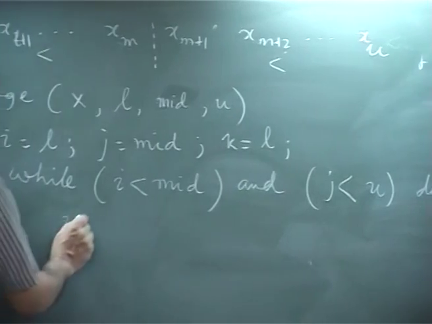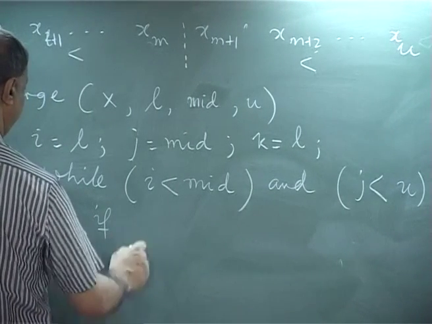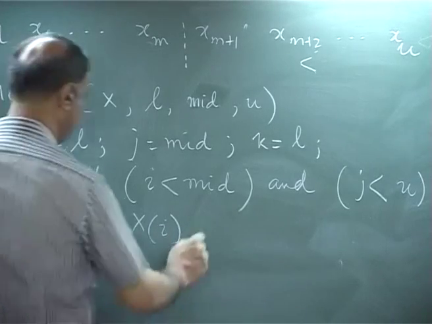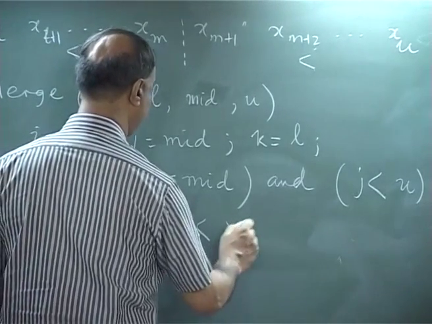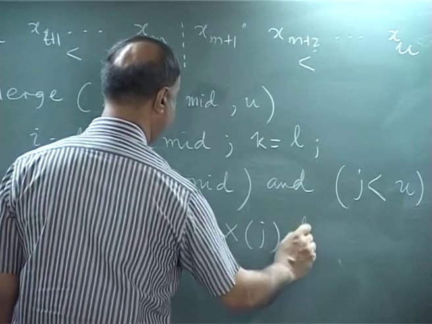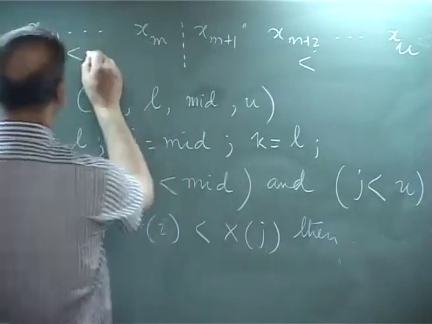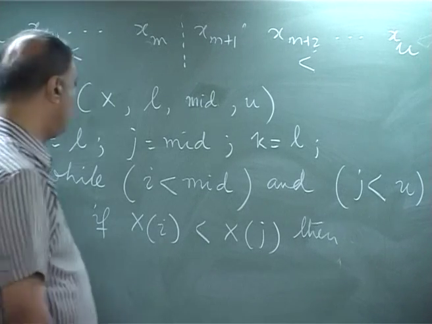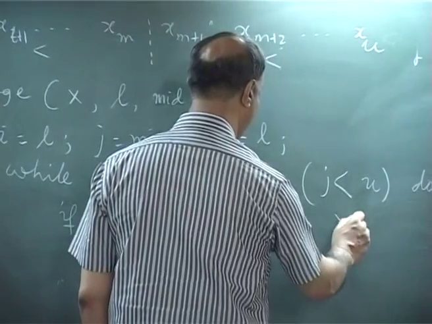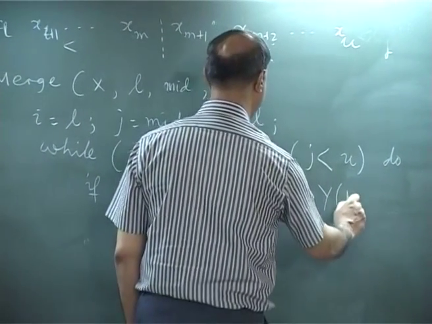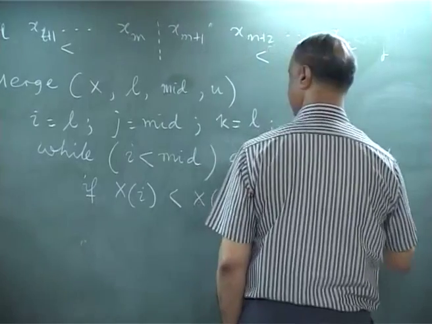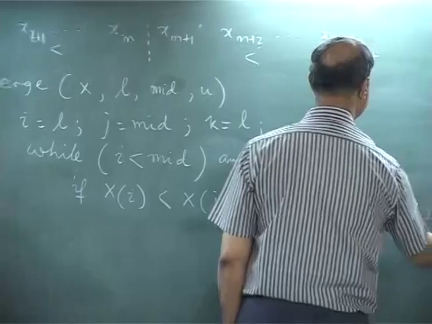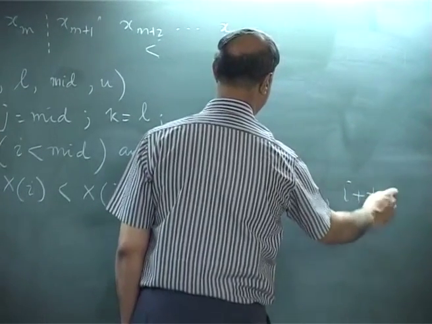If x of I is found less than x of j, then this sequence contains the smaller element, and that has to be moved to sequence y: y of k is x of i, and I is increased by 1.